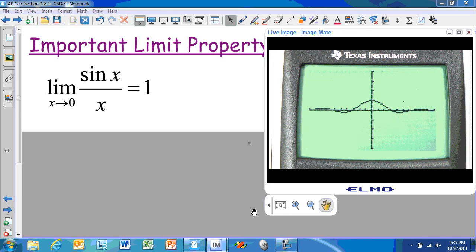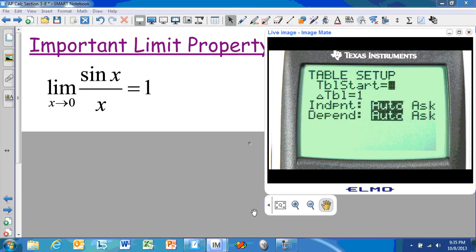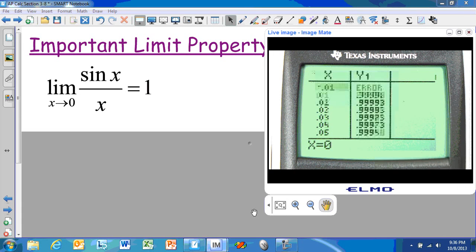You can also do this numerically by using your table. And let me just start out my table at 0. And I'll make a really, really small change in my table, like 0.01. And I'm just going to go to the table and just have it generate a list of values here. I'll kind of scroll back here a little bit so you can see the values that we're approaching from both the left and the right side of 0. But I can see that we're at 0.99985, and then it's 93 as the last digits, and then 98 and so forth.